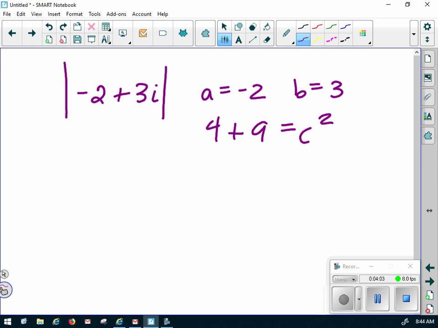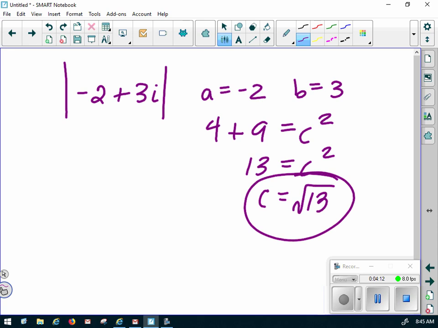Finish it. 13 equals c squared. So the distance of that point away from the origin is the square root of 13. That's the absolute value. Sure. Or you could just graph them. Yep.